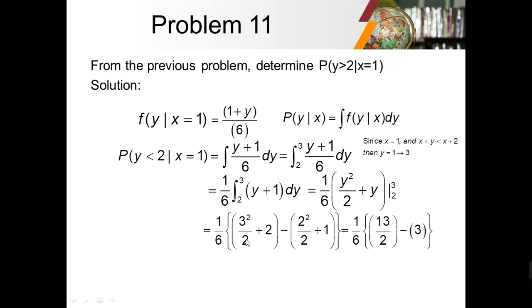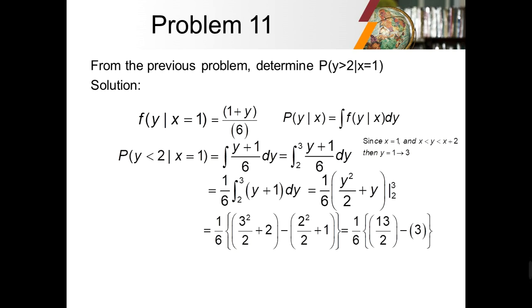So, 3 squared over 2 is 9 halves plus 3. So, 9 halves plus 3. Wait, let's calculate. So, that is 15 halves.